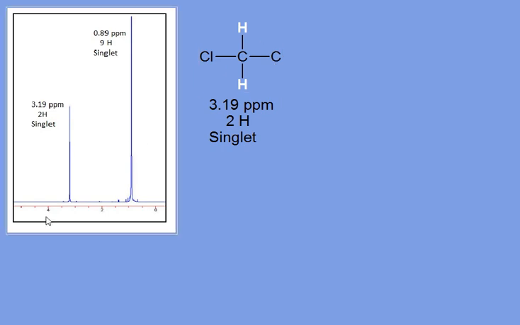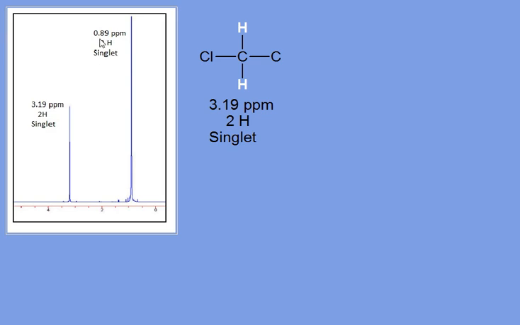And we know because it's downfield at about 3.19, those must be hydrogens on the carbon directly connected to the halogen itself. Halogens, of course, we expect between 3 and 4 ppm. It's the only reason we can explain how far downfield that peak is. And there's no non-equivalent hydrogens next door, hence the singlet.